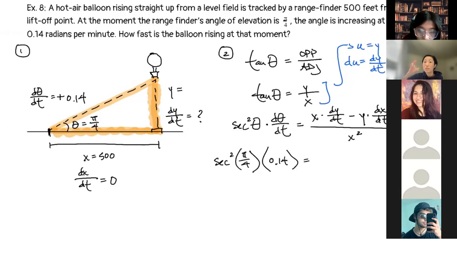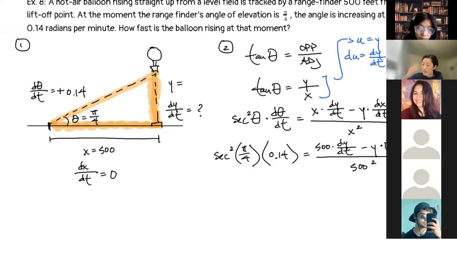Once we got our formula, we take the derivative so that we can take care of all these rates that we have. All right. I know x is 500 times dy dt, which I don't know, minus y times 0, all over 500 squared.